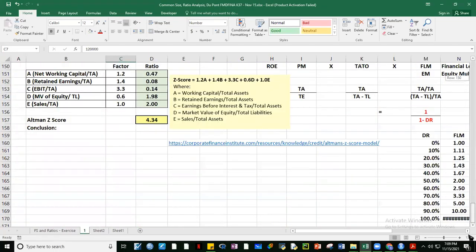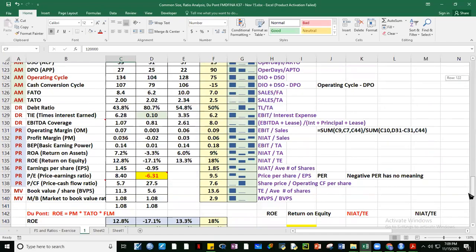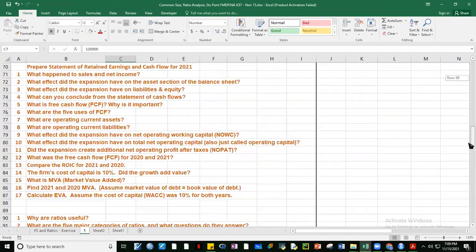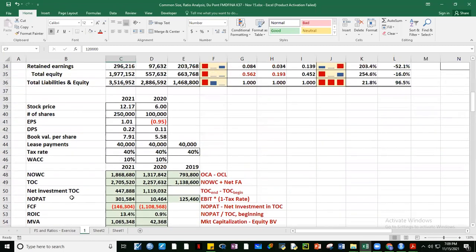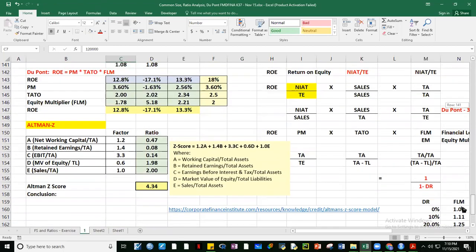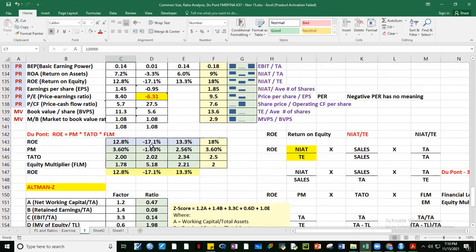Okay, asan na yung average number of shares natin? Number of shares is here, up. Number of shares is ito, no? Again, yung 250 at saka 100, kukunin natin yung average yan. Okay? So i-flash ko ulit, guys, yung price per cash flow.